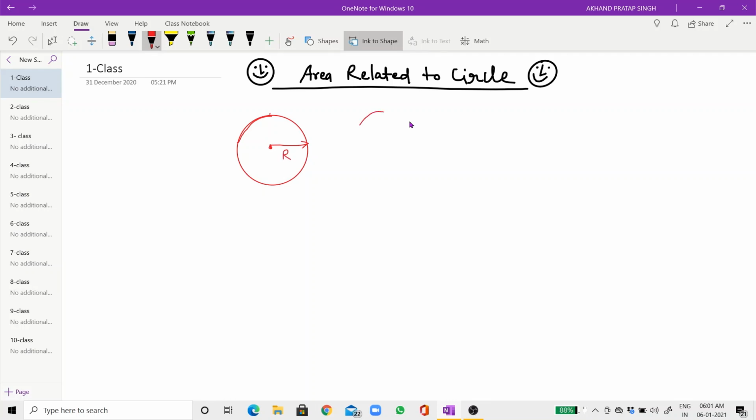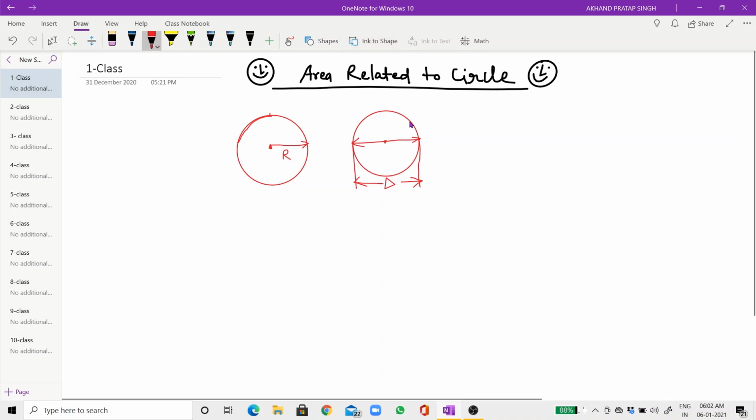And if you consider another circle, suppose, and start from this point, it passes through the center. So this portion is called the diameter. And if you see, this portion is just double the radius.